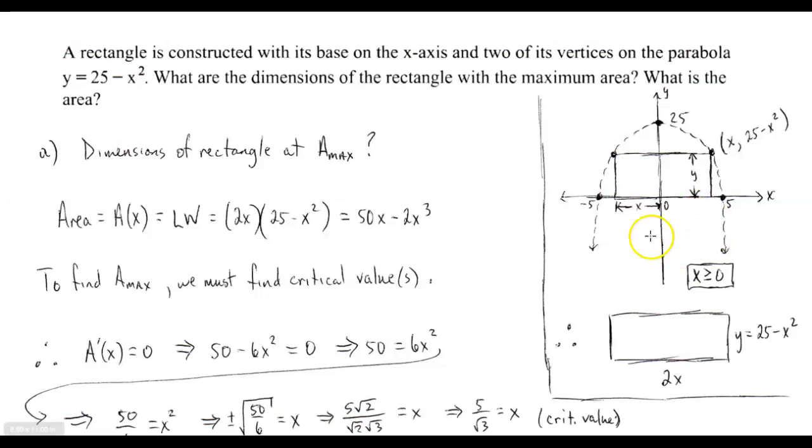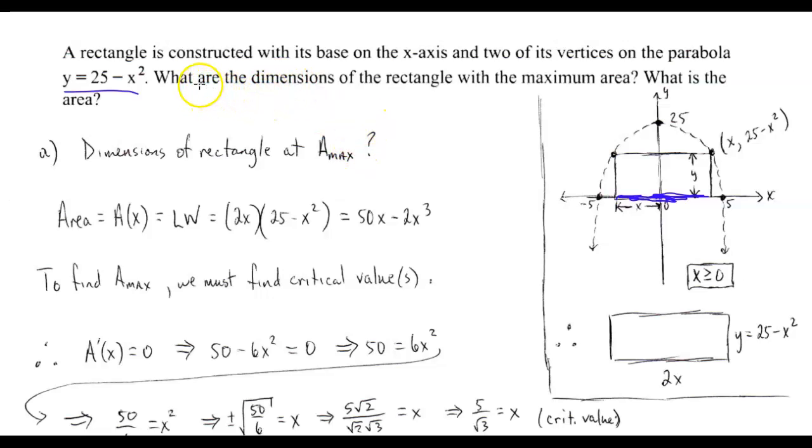Two of its vertices, meaning two of the corners of the rectangle, intersect a parabola, and that parabola is 25 minus x squared, a parabola opening down.